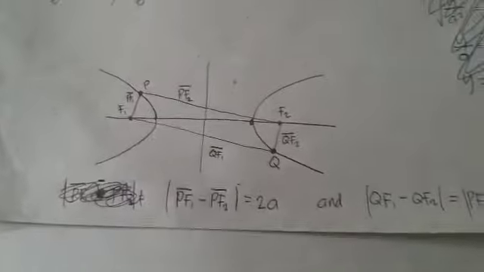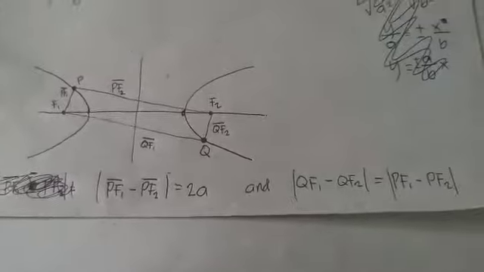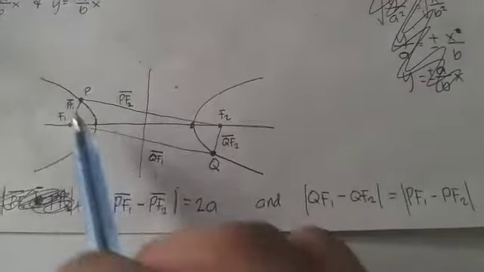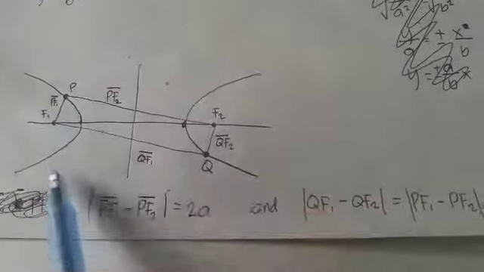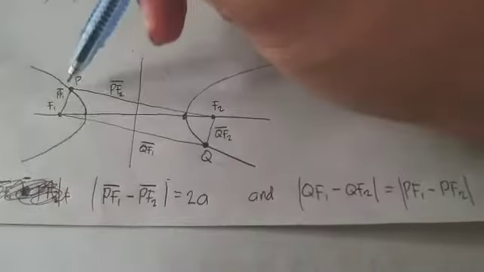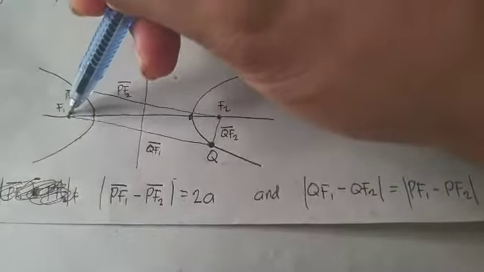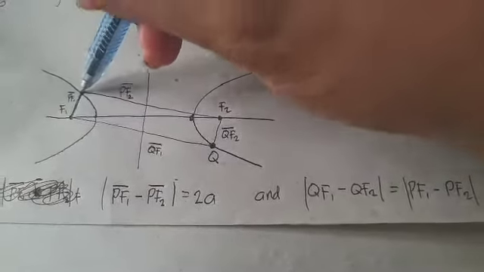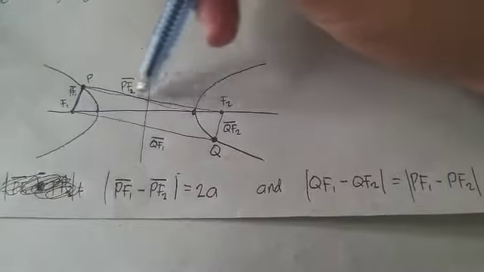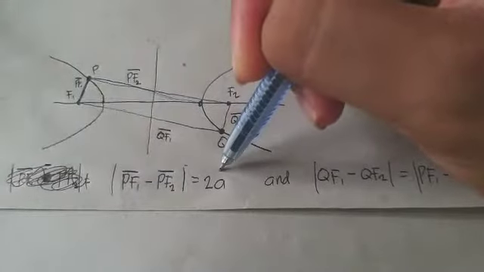Also, I want to emphasize the definition of our hyperbola. For any point on the hyperbola, the difference of the distances to the two foci would be equal to 2a.